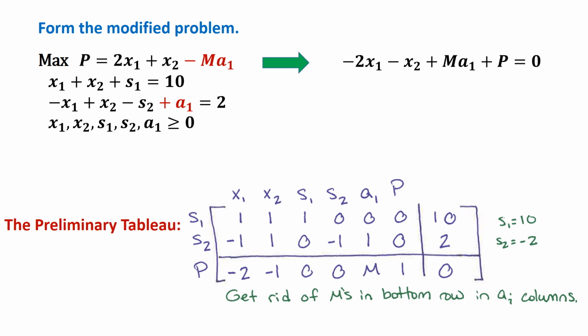Now the reason this is called the preliminary tableau is because it still has a non-feasible solution. If we look at this, we can see that s1 and s2 and p are the basic variables, but s1 has a value of 10 and s2 has a value of negative 2. So to get to the initial tableau so we can start the simplex method, we're going to get rid of the m's in the artificial variable column.